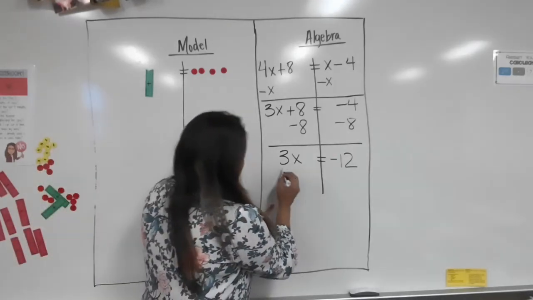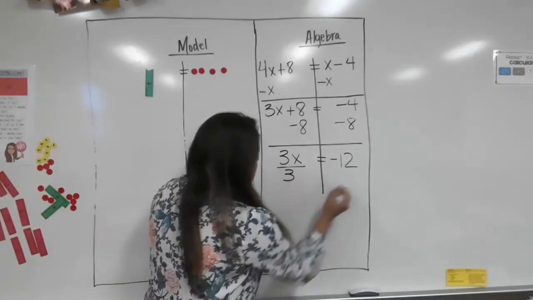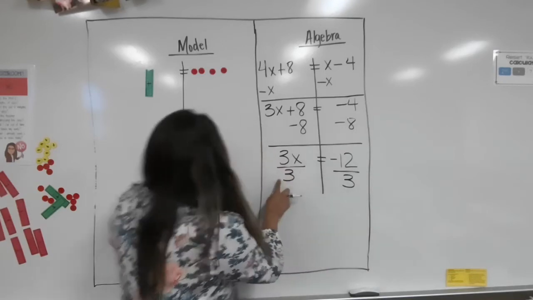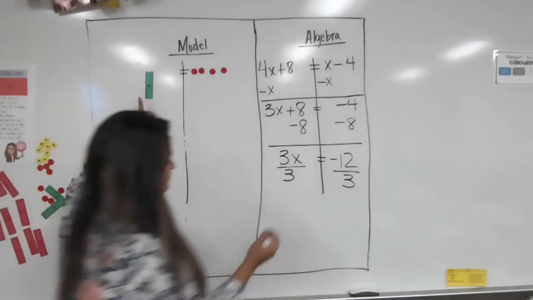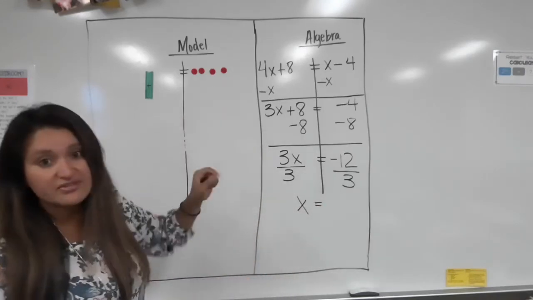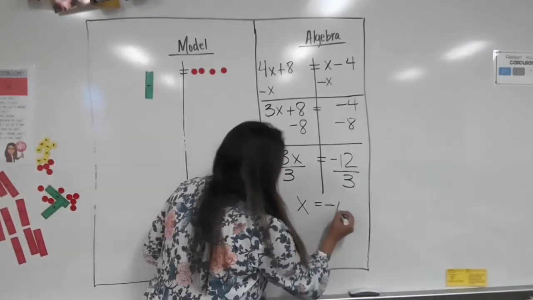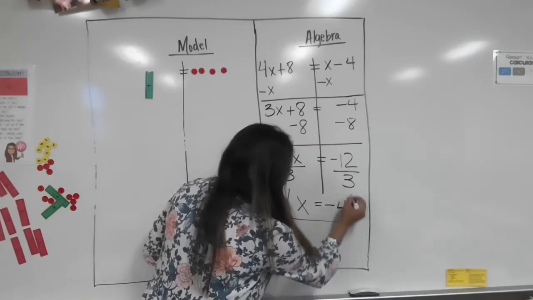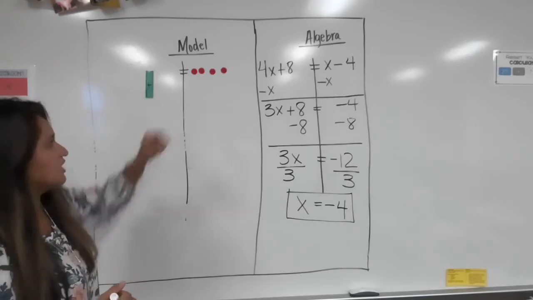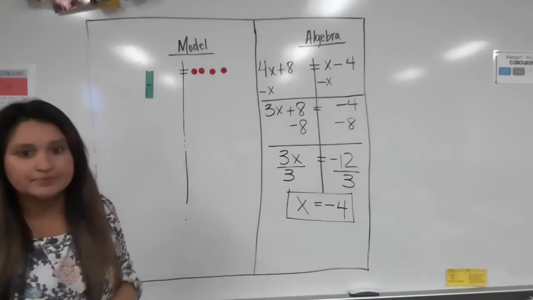So I divided my variables into 3 groups. 3 divided by 3 is 1 variable. Negative 12 divided by 3 is negative 4. And this is our final answer. 1x is equal to negative 4.